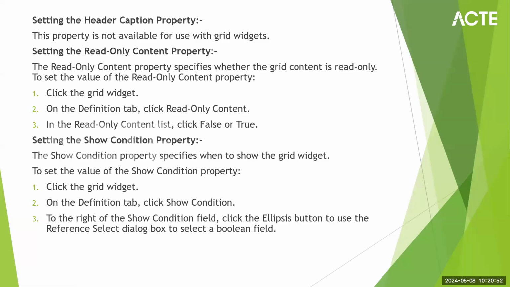The show condition property specifies when to show the grid wizard. To set the value of the show condition property, click the grid wizard on the definition tab, click show condition. To the right of the show condition field, click the button to use the reference select dialog box to select a Boolean field.